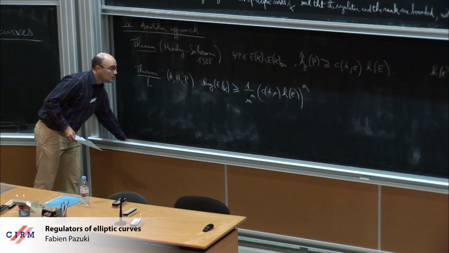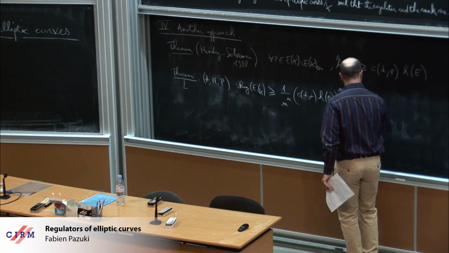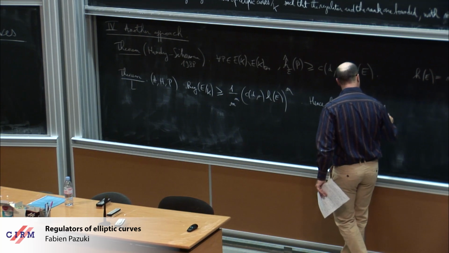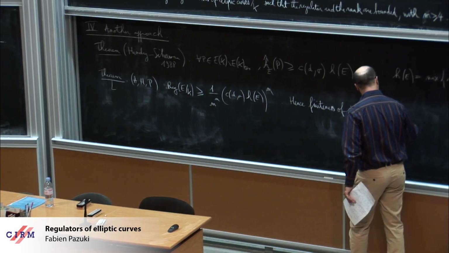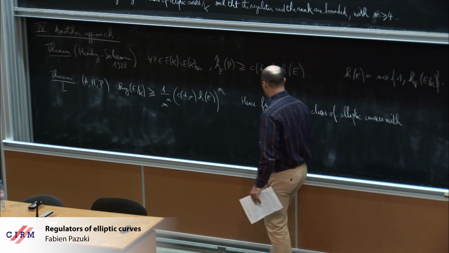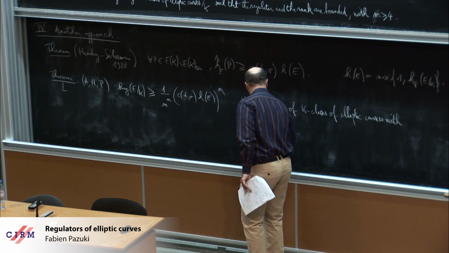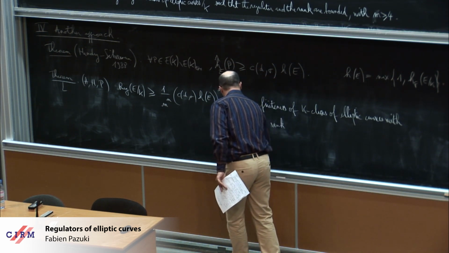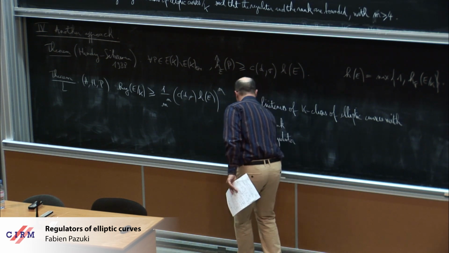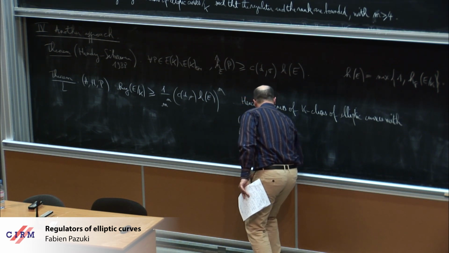So this implies that you get finiteness of K classes of elliptic curves with bounded rank, bounded regulator, and bounded Spiro quotient.